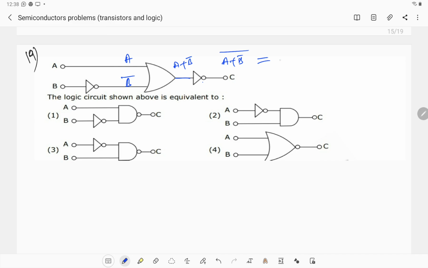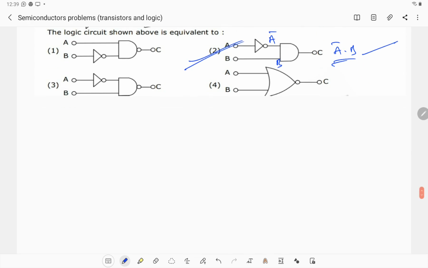This becomes, according to De Morgan theorem, A bar dot B double bar. Therefore, A bar dot B is output. See, in this one, which one is A bar dot B bar? So, I am directly verifying this one. Here is A, this is A bar, here is B. Therefore, output is A bar dot B. Here A bar dot B, therefore, answer 2 is correct.